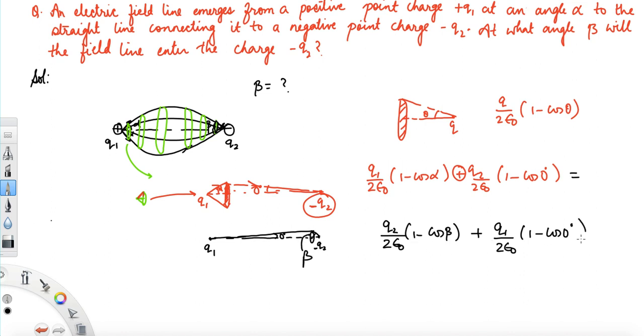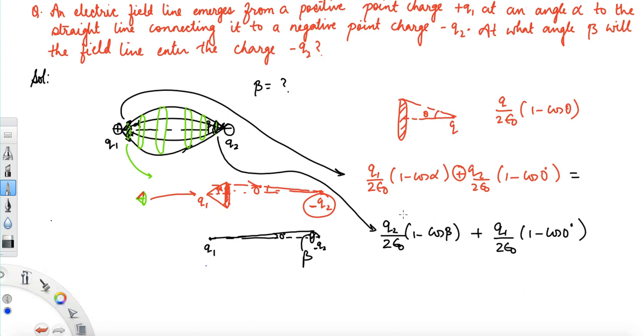So this is nothing but the flux continuity equation, because electric flux will remain the same for all the cross sections. The cross section very close to q1, electric flux through it is this one, and electric flux through the cross section very close to q2 is this one, and both are equal.